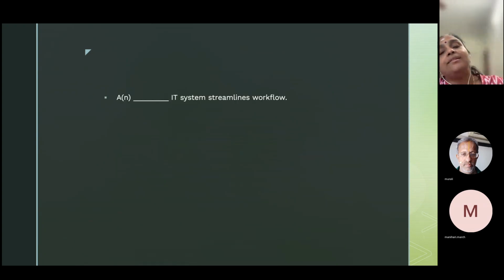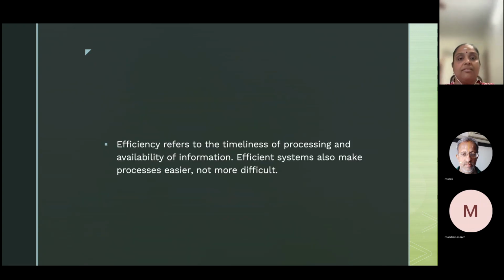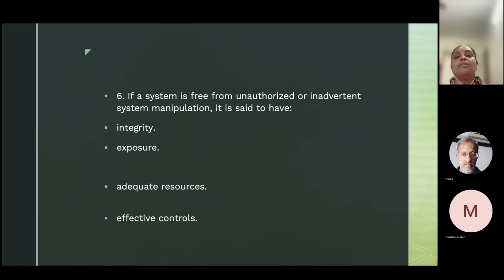Now a dash IT system streamlines workflow. Secure, properly balanced, efficient, centralized. Efficient. Perfect, we saw that in the control. So if a system is free from unauthorized or inadvertent system manipulation, it is said to have integrity, exposure, adequate resources, effective controls.